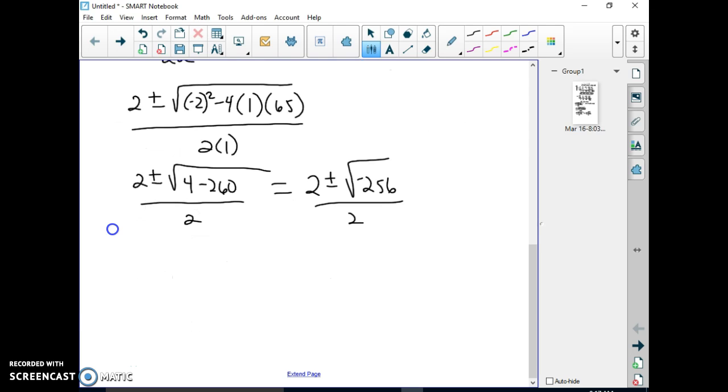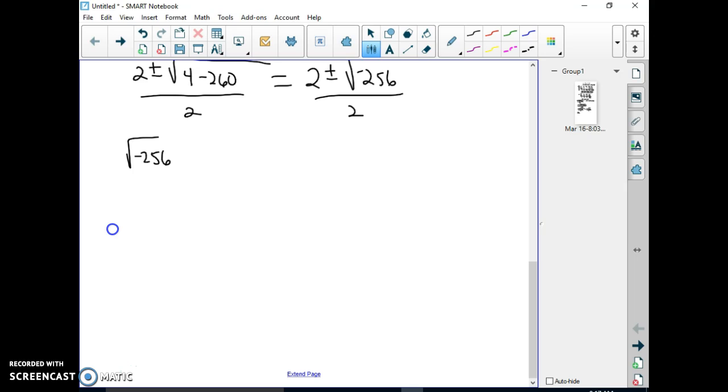So I need to simplify my radical. First thing I would do is check to see if 256 is a perfect square, and it is. So the square root of negative 256 is the square root of 256 and negative 1. This is actually 16, and the square root of negative 1 is i, our imaginary number.